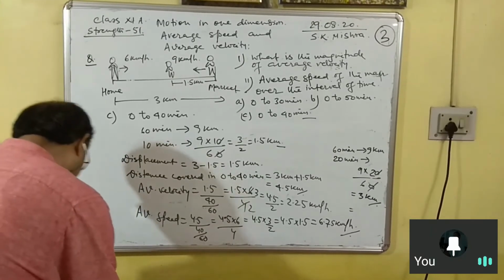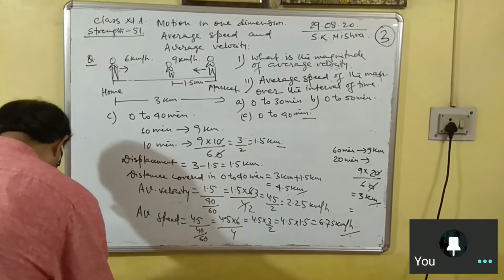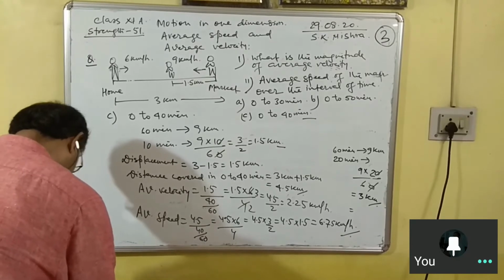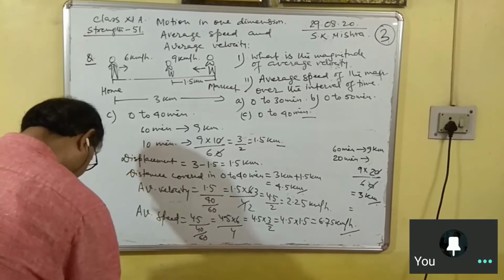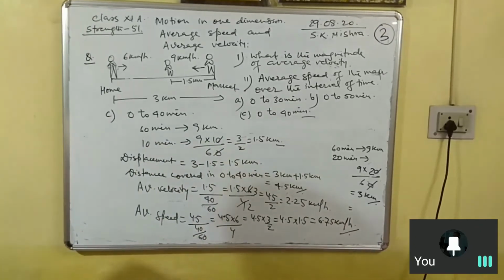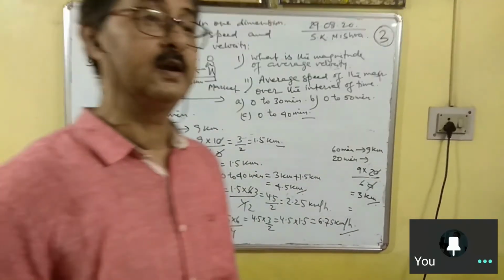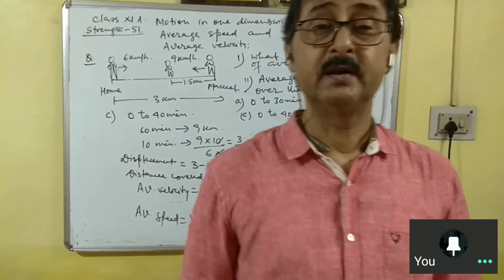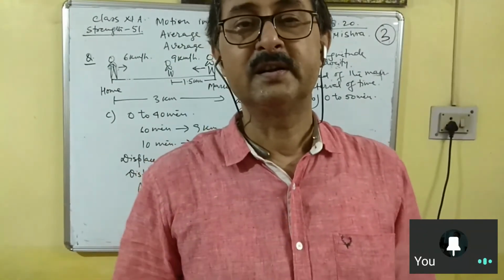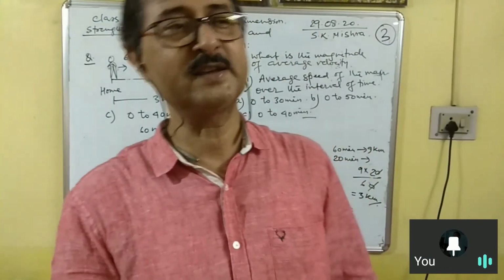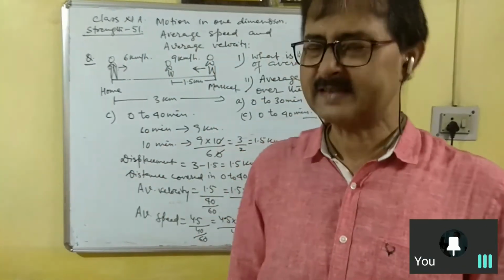Now graph. If the motion is not reversible, if it is going in a straight way without reversing its direction, then magnitude of average velocity is equal to average speed.